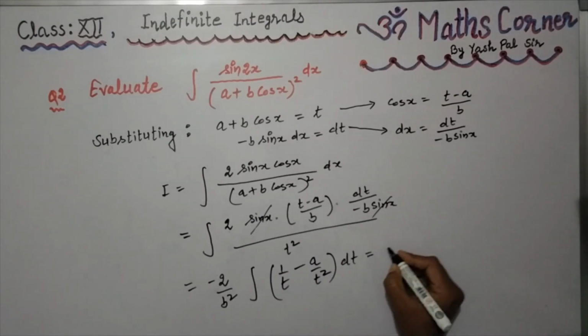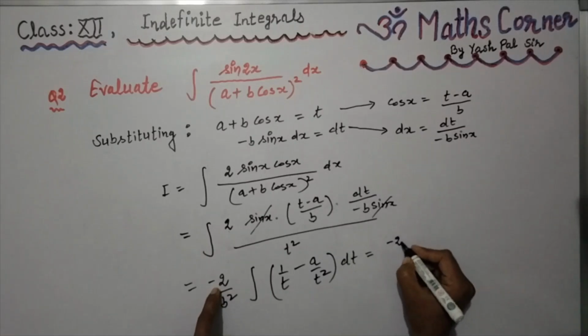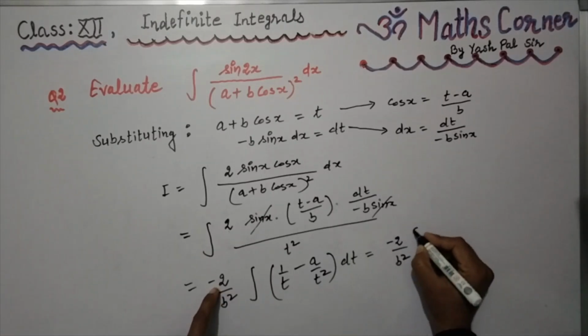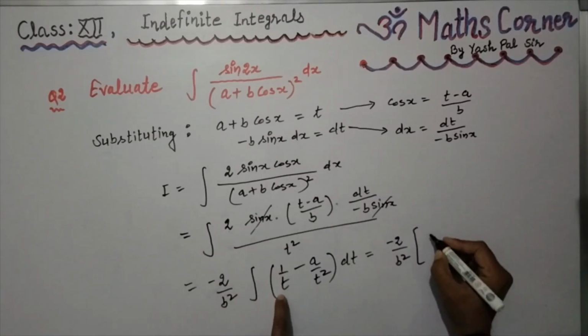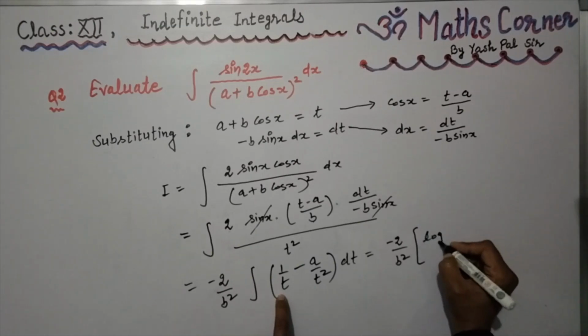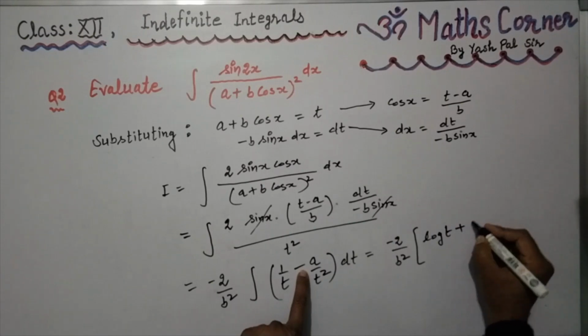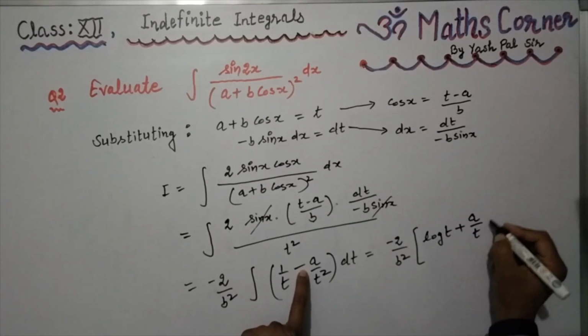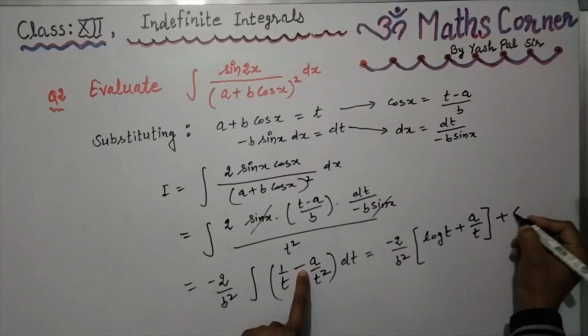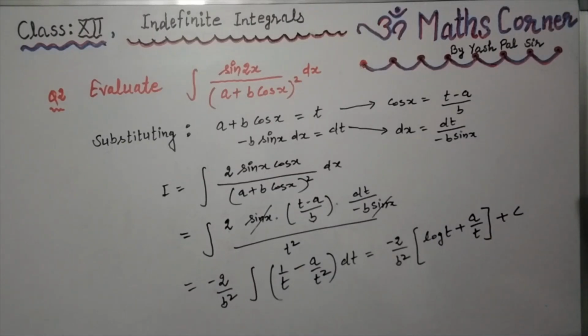Now its integration is minus 2 upon b square into (log of t, plus a upon t), plus c, the constant of integration.